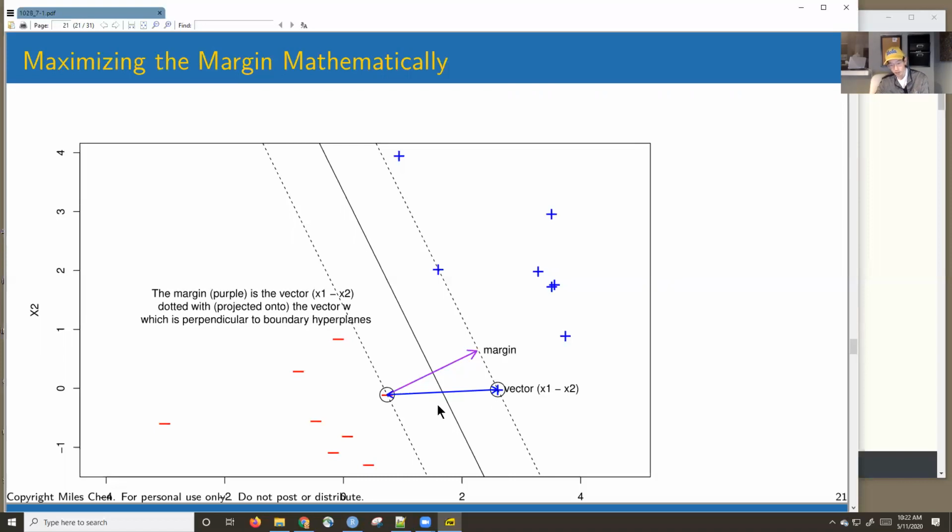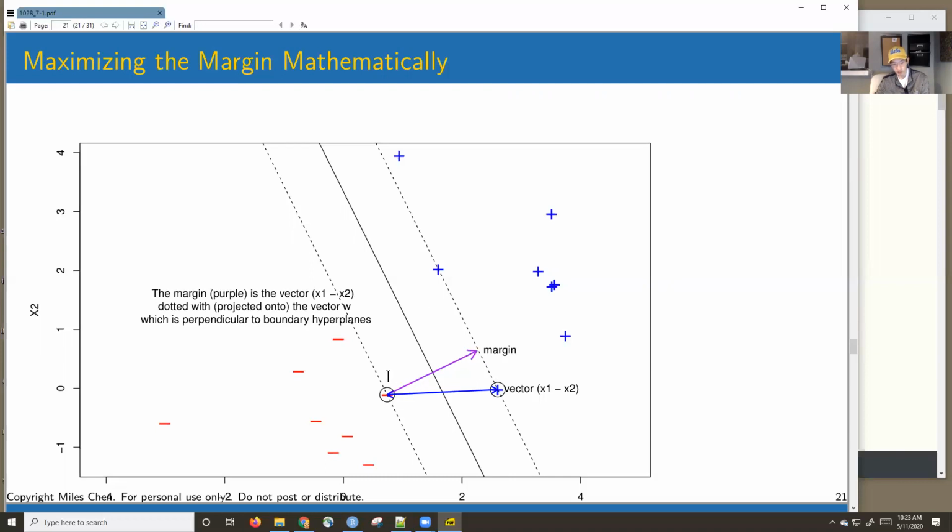And if you project that vector, which is what we get when we do a dot product, so if you take the dot product of the vector against the direction that points in the margin, then you will get the margin itself.